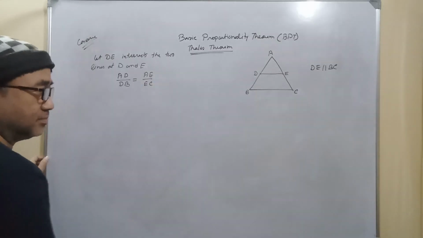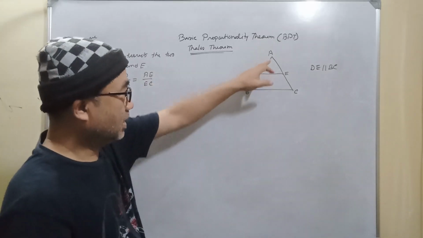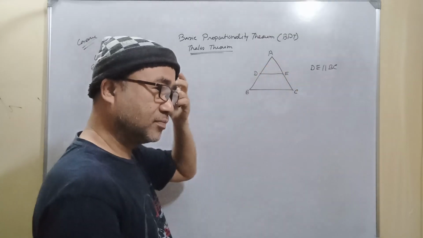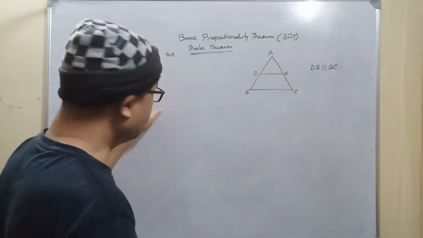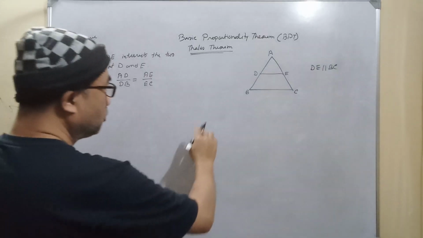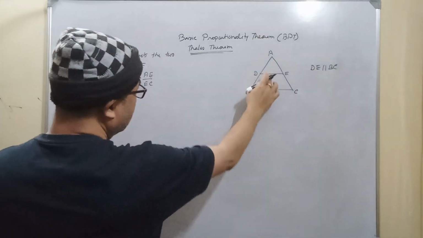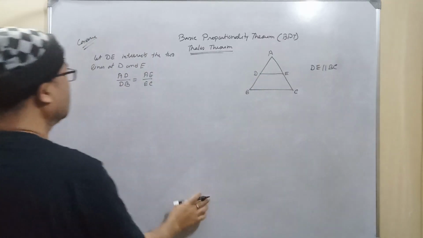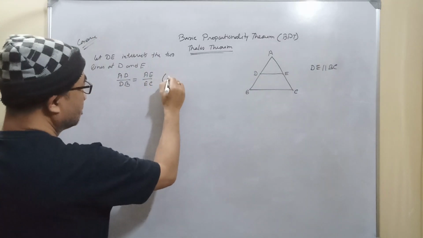This is given. We have to prove the converse, that these two lines are parallel. That is what we have to prove. So this is the given condition.